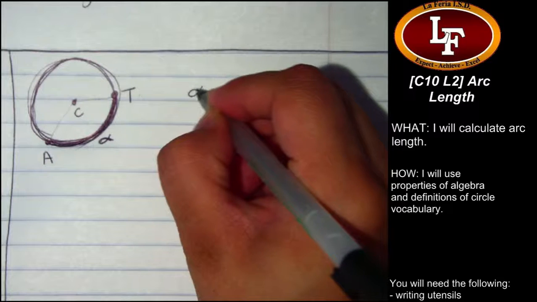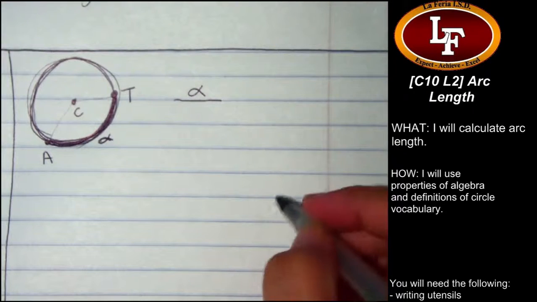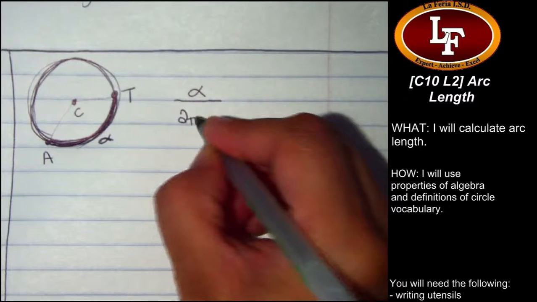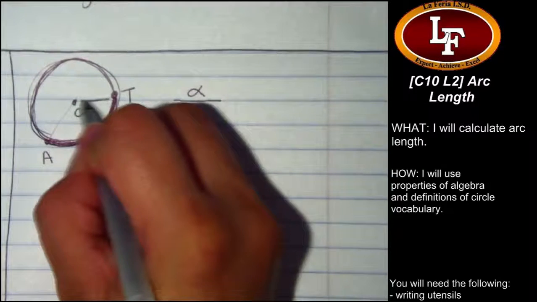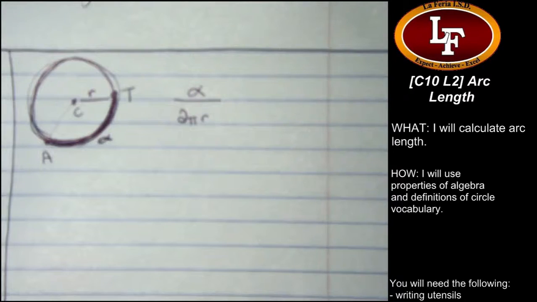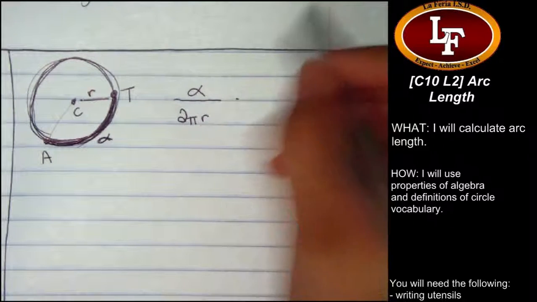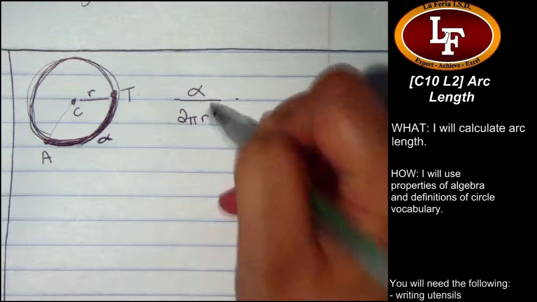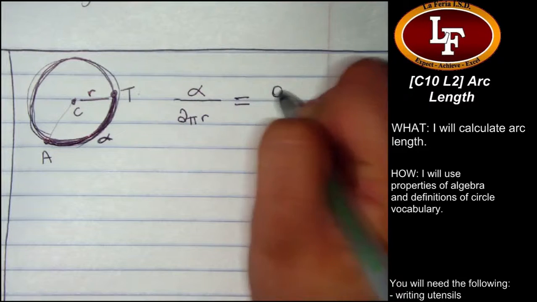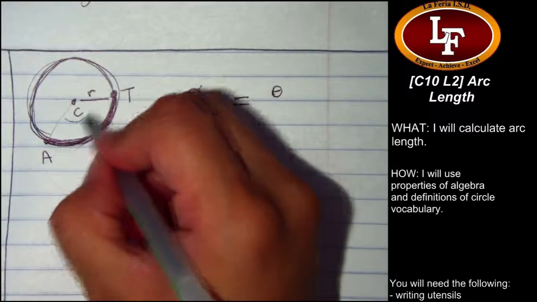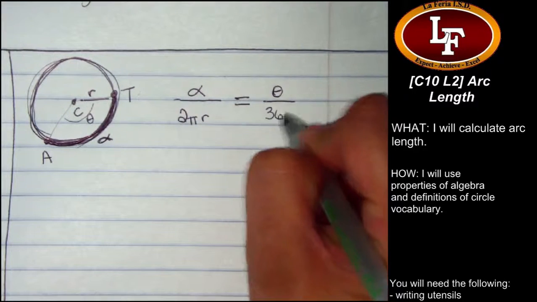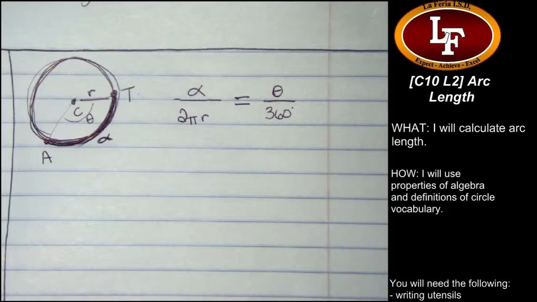The arc length alpha is to the circumference of the circle, 2 pi r, where r is the radius, the distance from the center of the circle to one endpoint of the arc, the same way that the measure of that central angle, theta, is to one full rotation of the circle, 360 degrees.